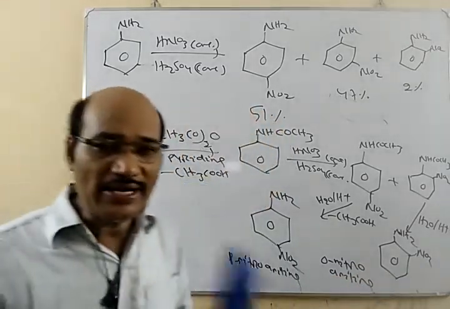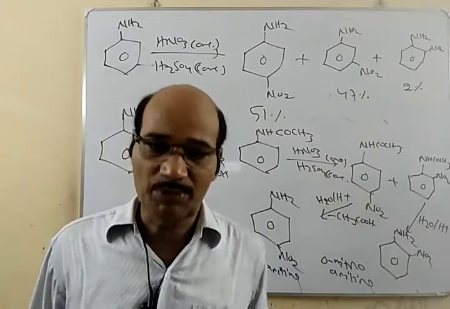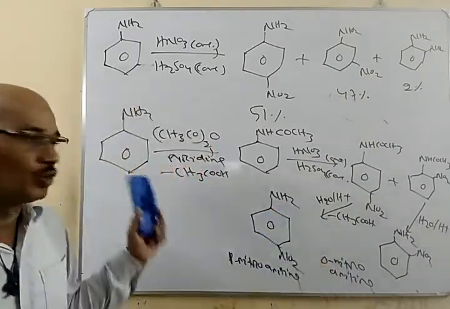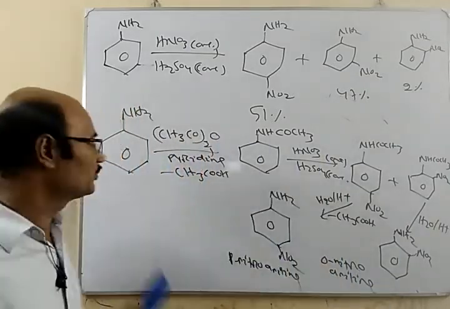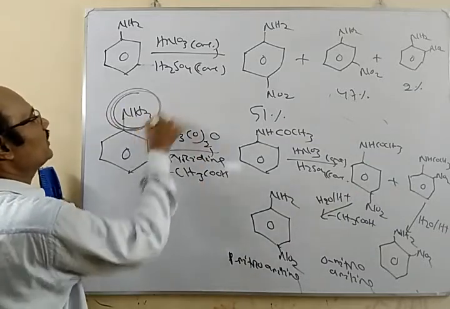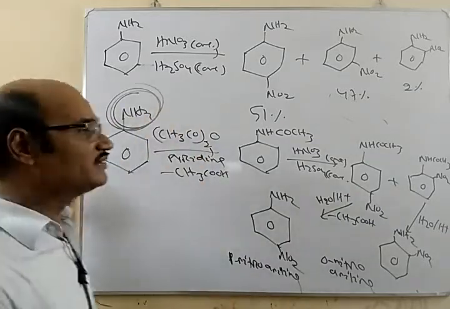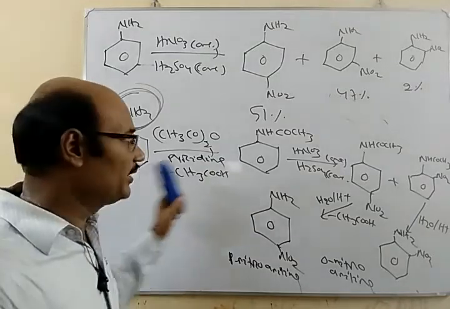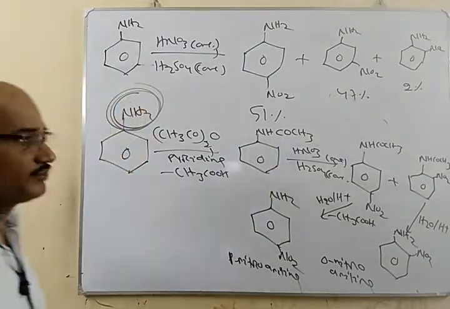Clear? So direct nitration of aniline is not possible. We have to go in this path. We have to protect the NH2 by converting it to CH3CONH, finally the acetamide. Clear?